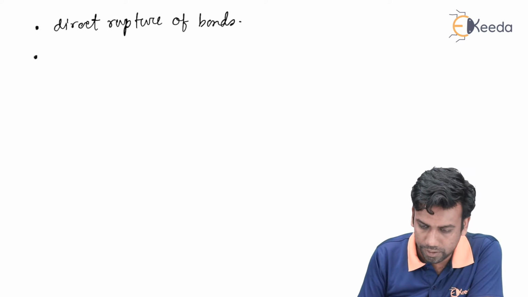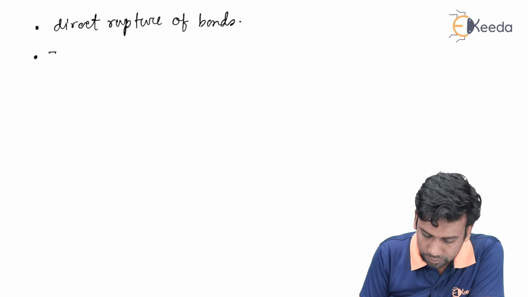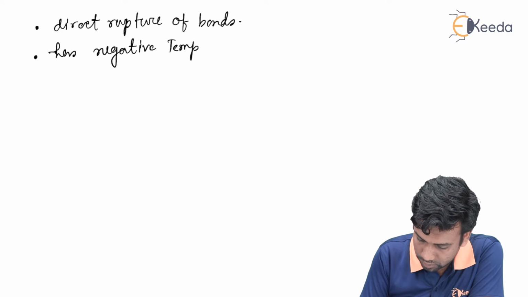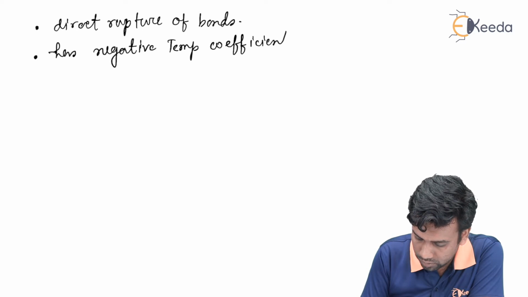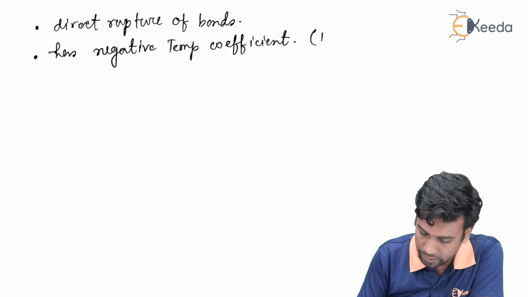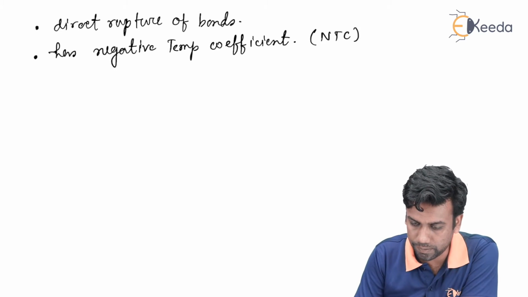Second statement, that Zener breakdown has a negative temperature coefficient with the increase of temperature, or we can say NTC, that is the negative temperature coefficient.